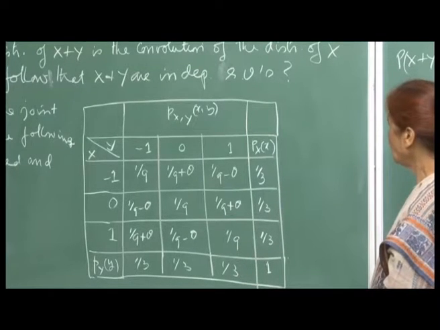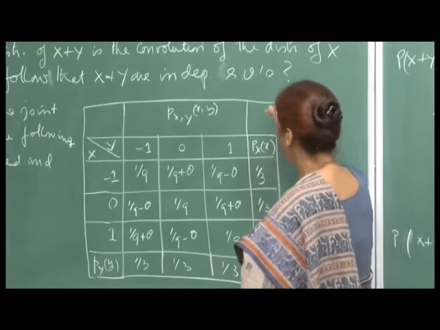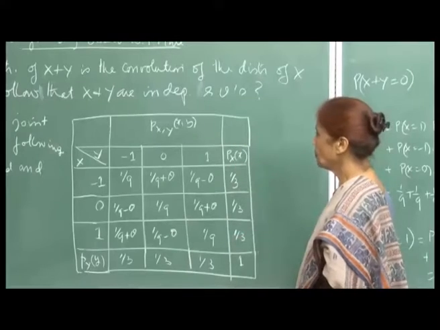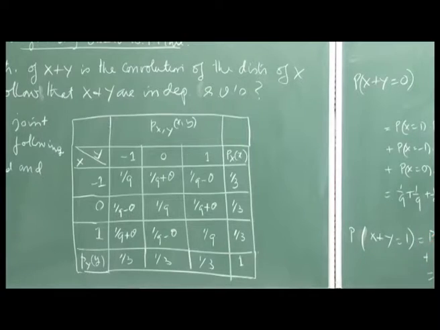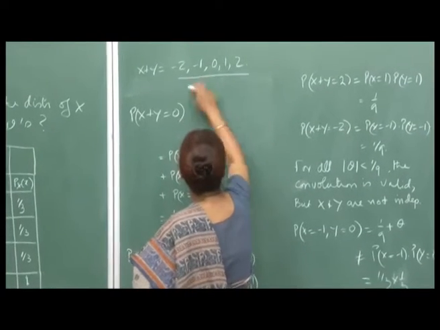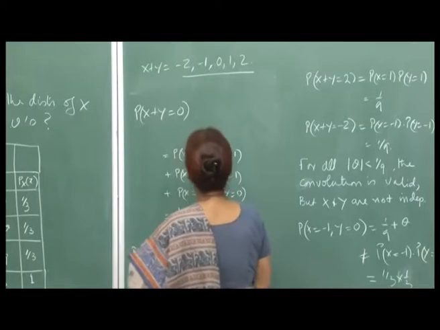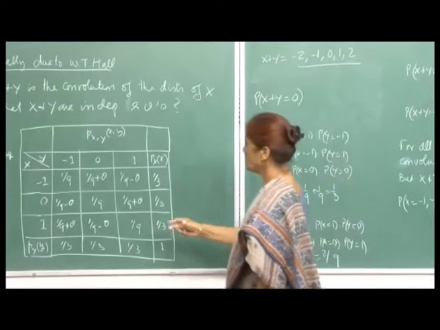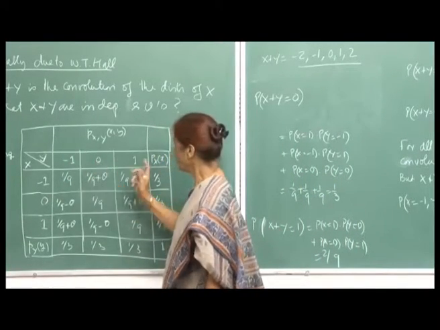And now we want to verify that the distribution function of X plus Y is a convolution of the distribution functions of X and Y. The values that X plus Y will take are -2, -1, 0, 1 and 2, because X takes the values -1, 0, 1 and Y takes the values -1, 0, 1.